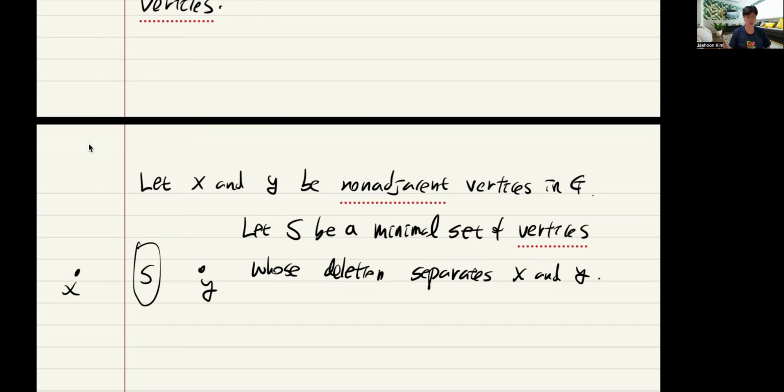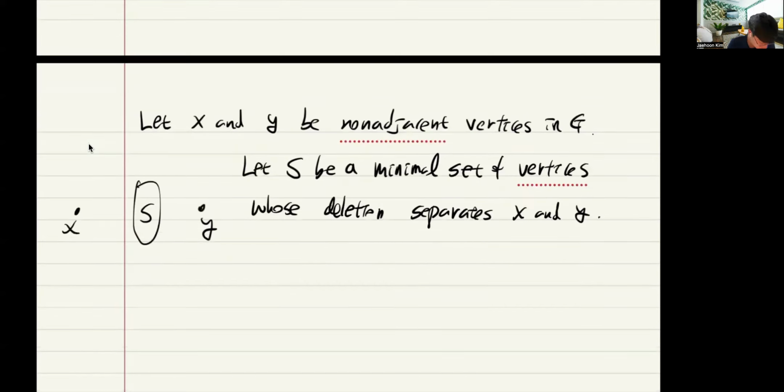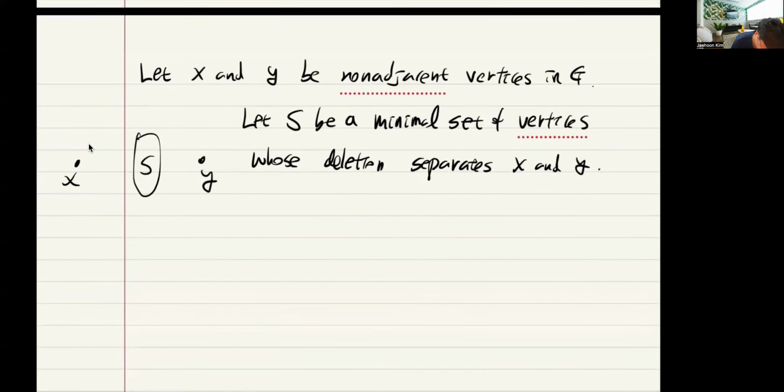I mean, for the worst case, you delete everything except X and Y. Then it's separated. So among them, you choose a minimal one.